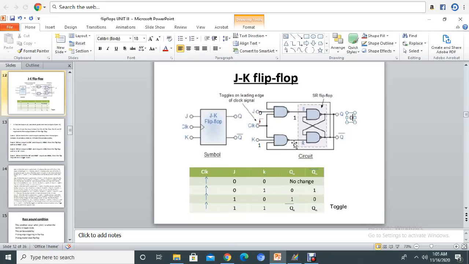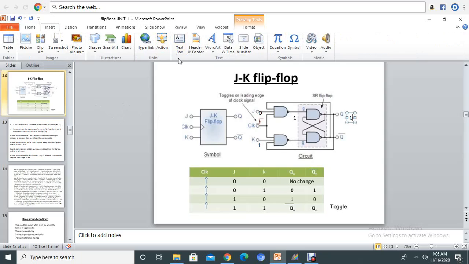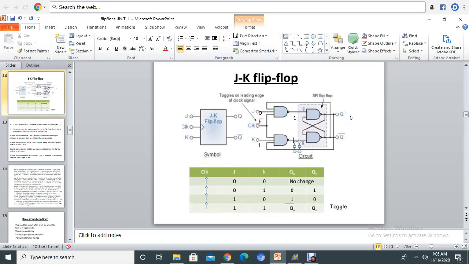Now the output of this NAND gate becomes 1, since the third input is 0. Q is 0, so if any one of the inputs is 0, then Q bar is equal to 1.